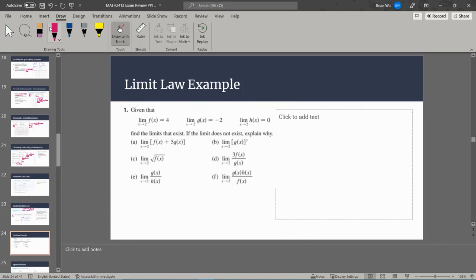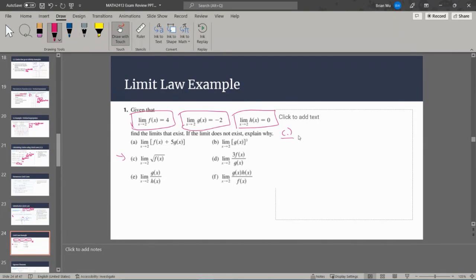So we can do a limit law example. This is one you've probably seen on your homework as well. They're giving us limits defined, and we're to use the limit laws to evaluate these ones. I'll skip over some of these just because I think they're pretty easy. But for something like C, that's derived from one of the limit laws that you saw before.